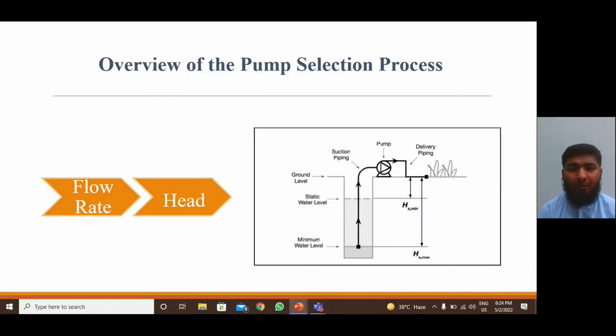Here is an overview of pump selection criteria for solar water pump. The selection criteria depend mainly on two factors. First one is flow rate, the water flow rate, and second one is head. Where a high head and low flow rate is needed, or where high pressure is required, then we will use positive displacement pumps like reciprocating pump.